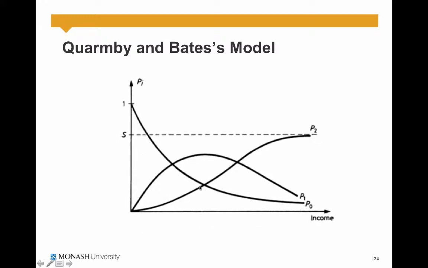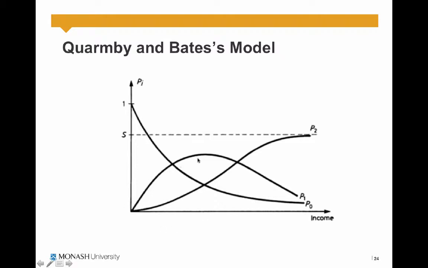Have a look at this curve, which represents the probability of having zero cars. The probability of having zero cars will decrease as the income of the household increases. And that makes sense. If you're earning more money, you're more likely to have more cars. The probability of you remaining a zero car household will actually go down.